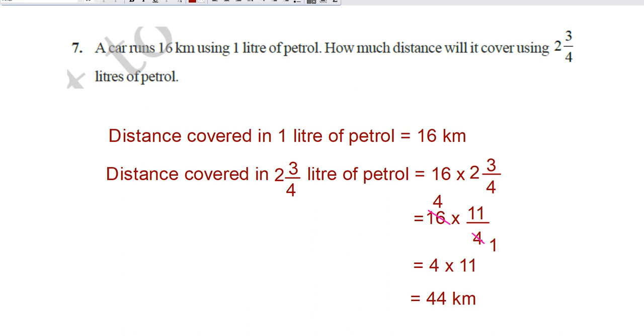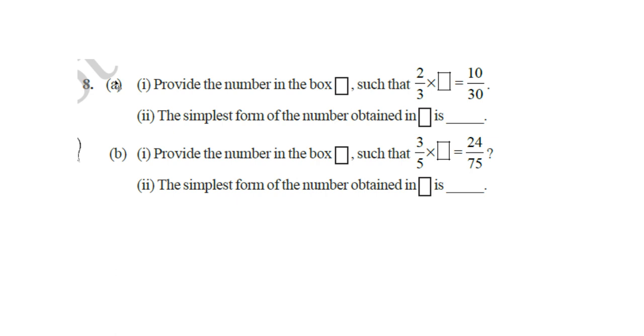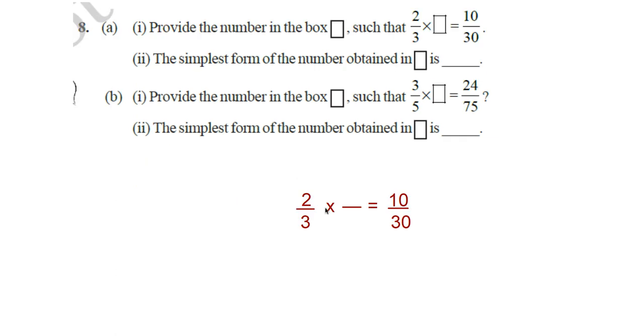Here is the last question. Provide the number in the box such that 2 by 3 into that box is equal to 10 by 30. Here you have to check. 2 into which number gives you 10? Yes, 2 into 5 is 10.